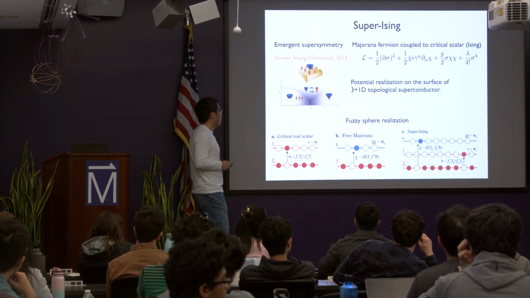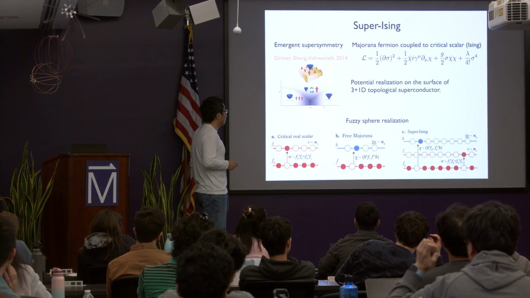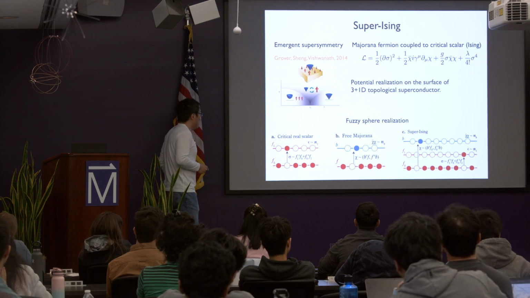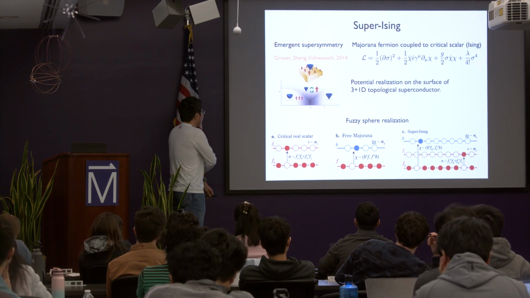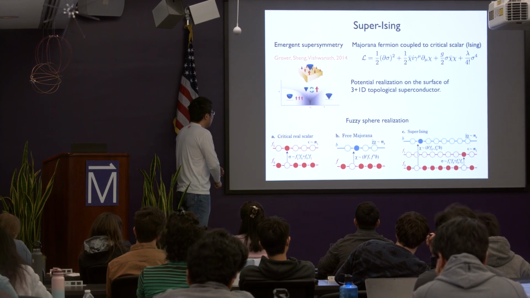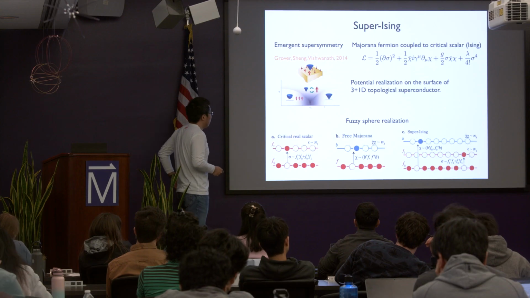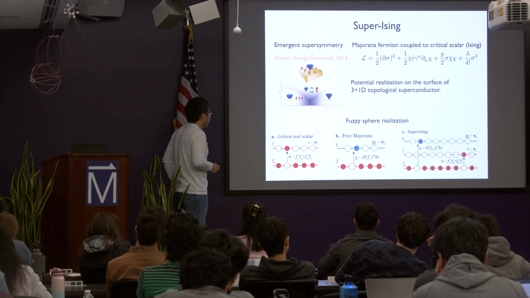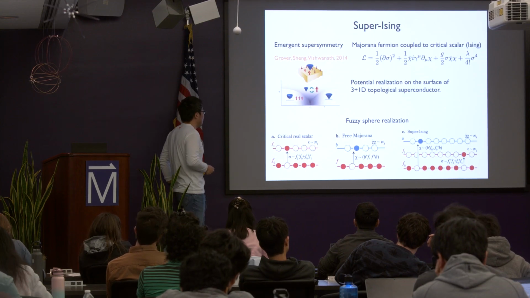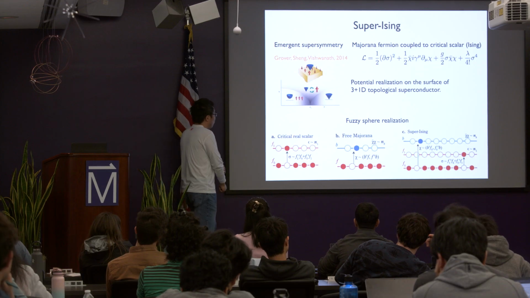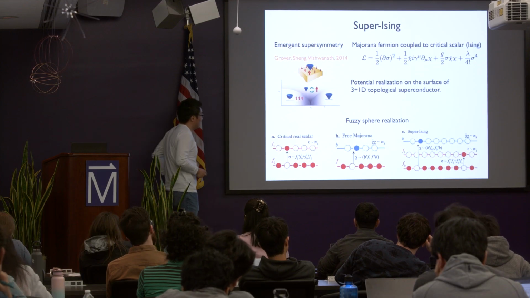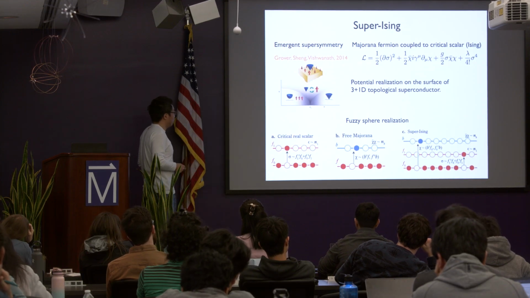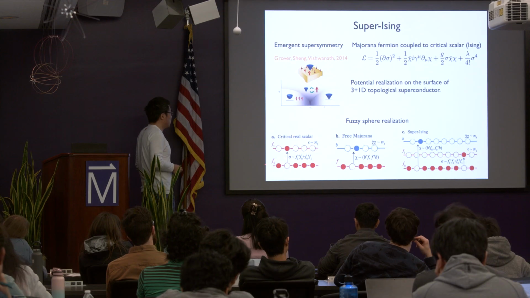So then we want to also realize this on the fuzzy sphere, right? If we look back at the critical scalar, that is the Ising or free Majorana fermion model, you can actually notice those models are very similar. For critical scalar, you can think that I have two species of particles, one species called F0, the other called F1.